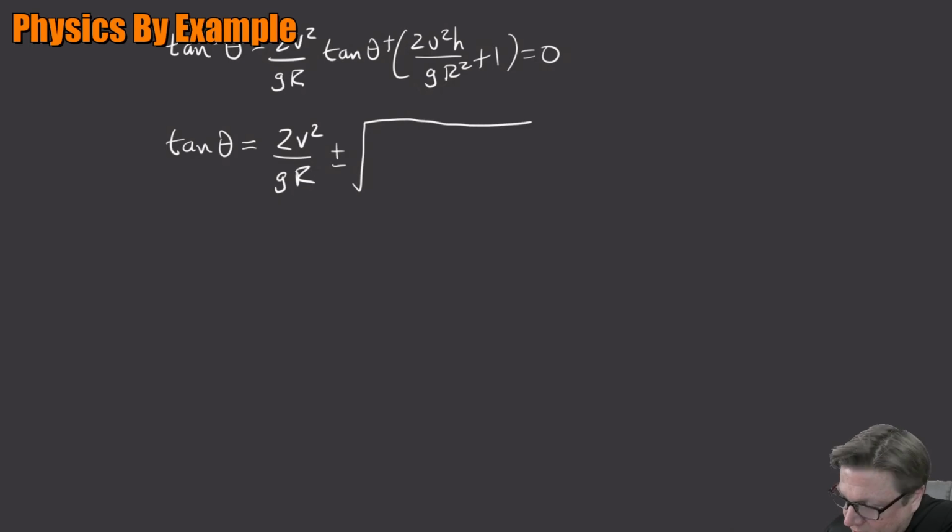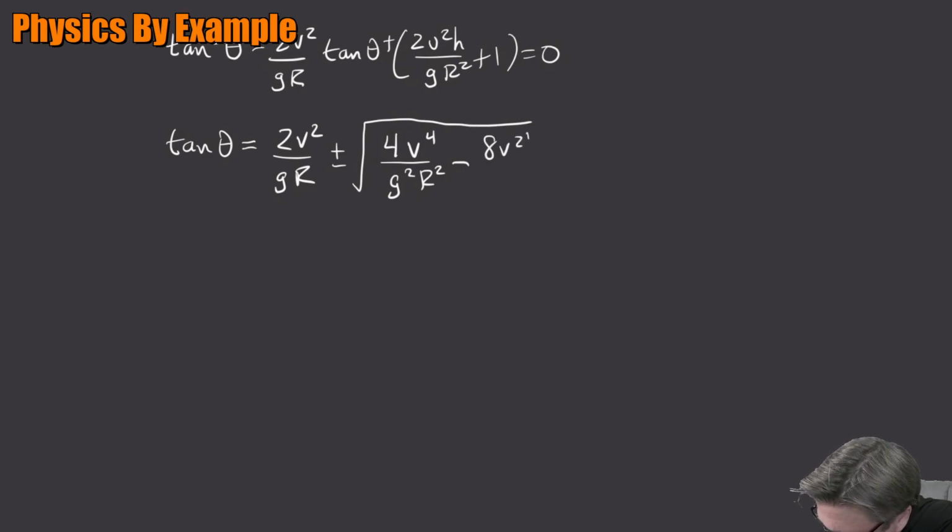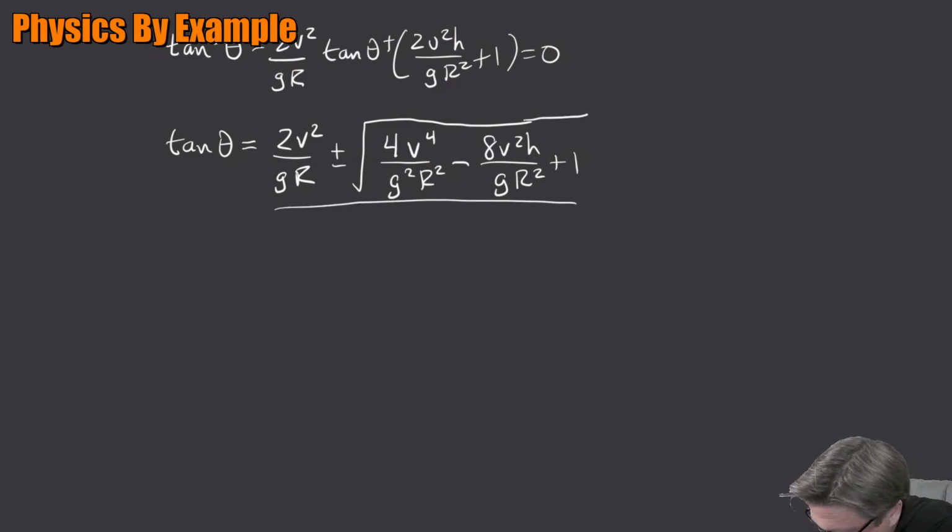So that's going to be 4v to the 4th over g squared r squared minus 4ac, right? a is just 1, so I've multiplied the c thing times 4, so it's just going to be 8v squared h over gr squared plus 1. All right, well, there we go. Over, can't forget, over 2a. So all this is over 2.